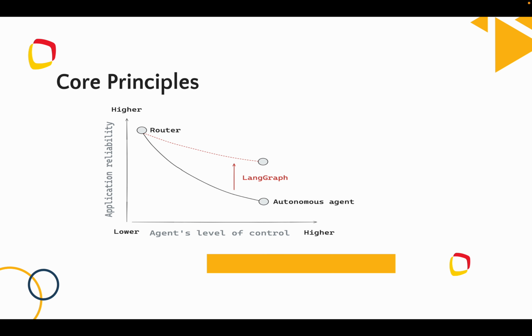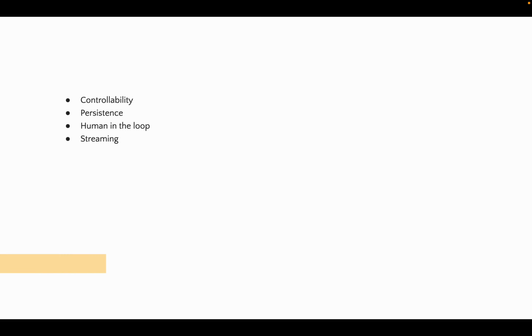And here is the main role of LangGraph. LangGraph is trying to bridge or reduce this kind of uncertainty in application reliability, and it will bring more reliability to applications using its nodes and features. That is actually why we need LangGraph for agent systems.